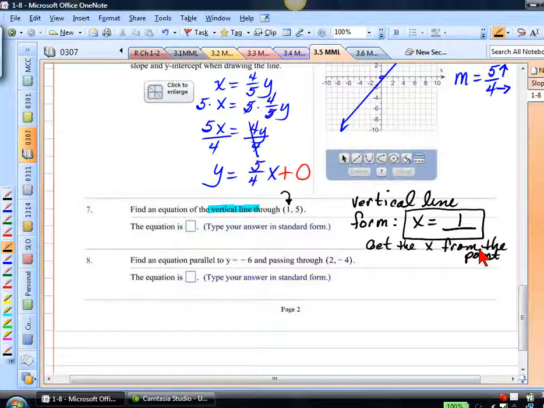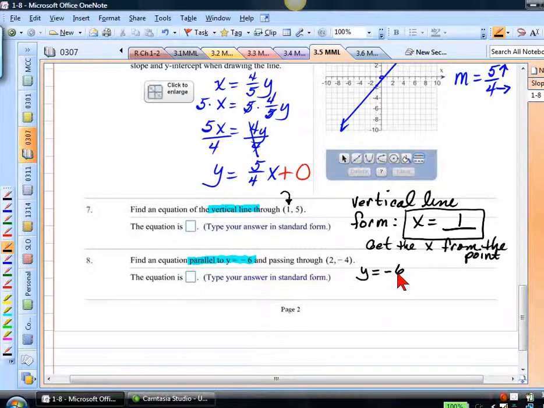All right, let's look at the last one. It says, find an equation, okay, I'm ready for an equation, parallel to y equals -6. All right. Tell me what you know about y equals -6.